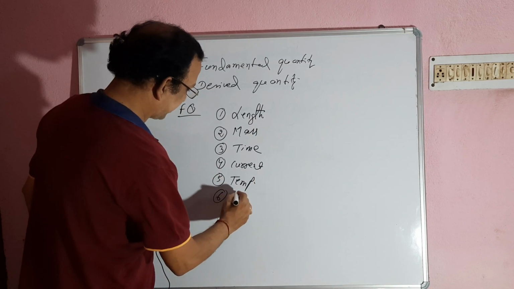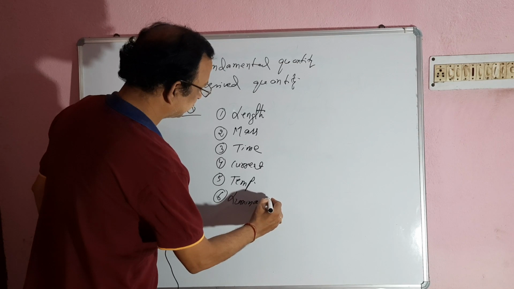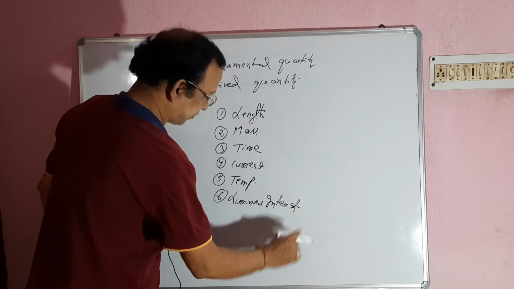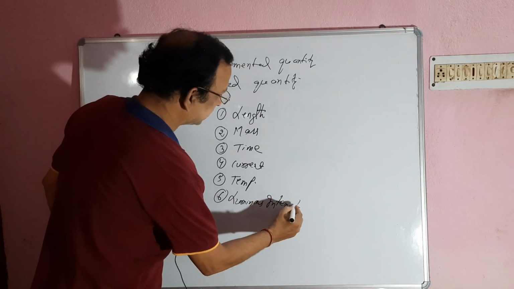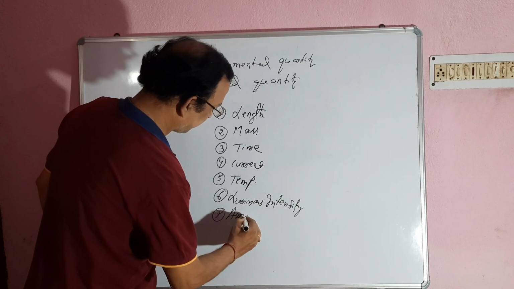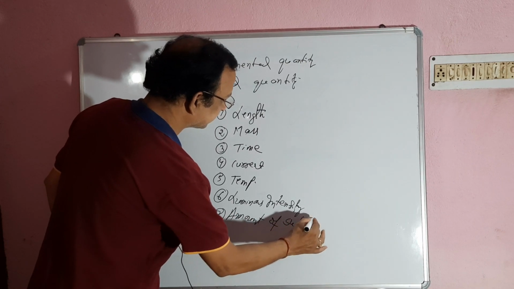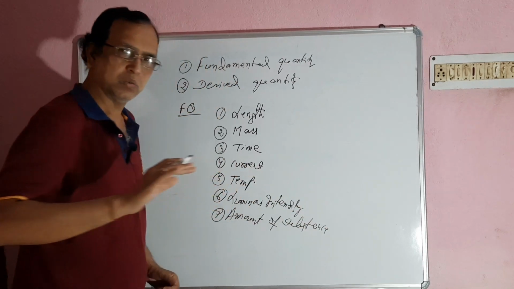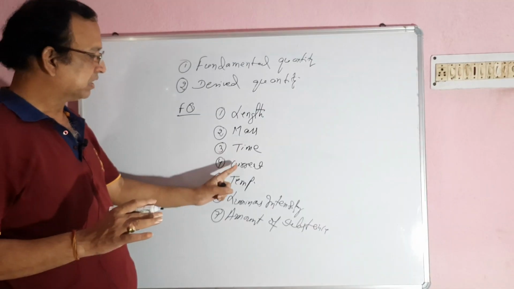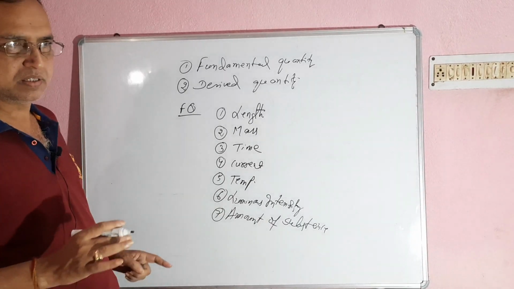Number 6, luminous intensity. Number 7, amount of substance. Okay, length, mass, time, current, temperature, luminous intensity, amount of substance.